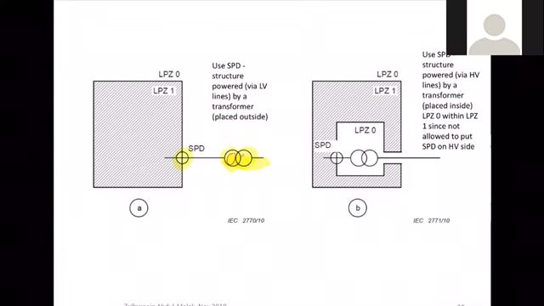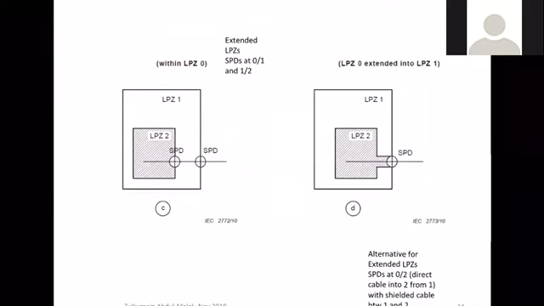For example, KLCC. But the incoming line is zone 0. So you see zone 0 is within zone 1, as you can see on the right there. Therefore, what you can do is to put SPD inside there, like that. Okay. So this is another example of application, if you cannot do it.